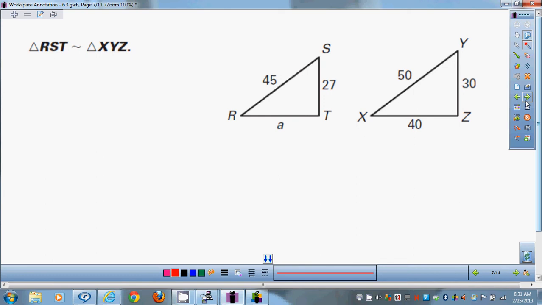Jasmine? Okay. Finish writing it down and then tell me what the scale factor is. You want to take this one?